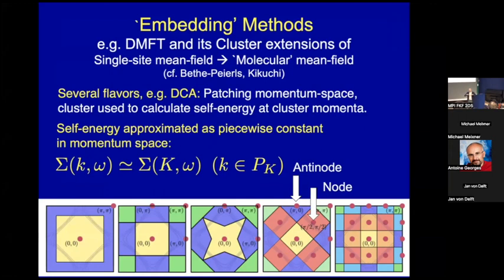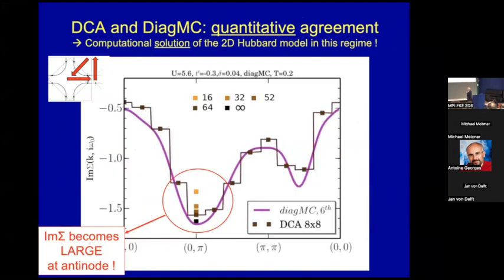If you are able to do that and extrapolate to infinite cluster size, which means arbitrarily fine patching, then your method becomes controlled and eventually exact. And in this paper, we've been able to achieve that, admittedly in some specific region of parameter space, but below the pseudogap scale.